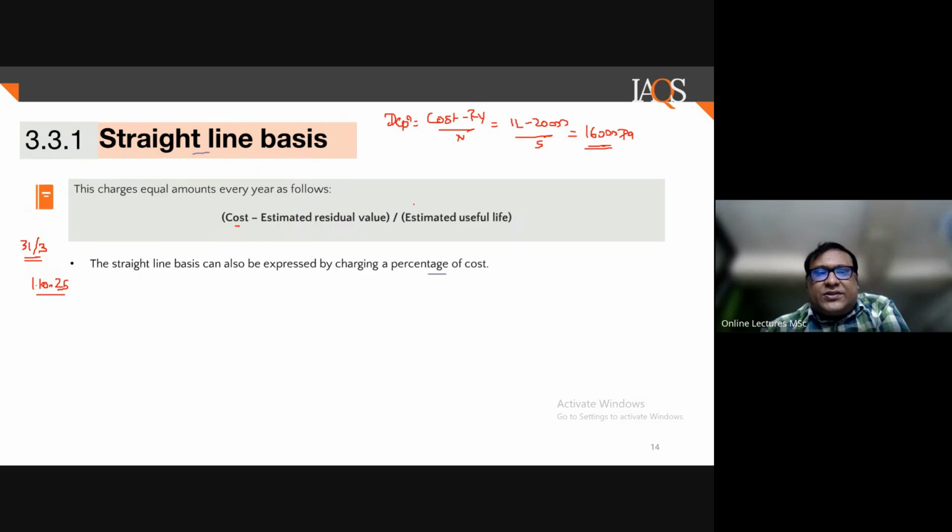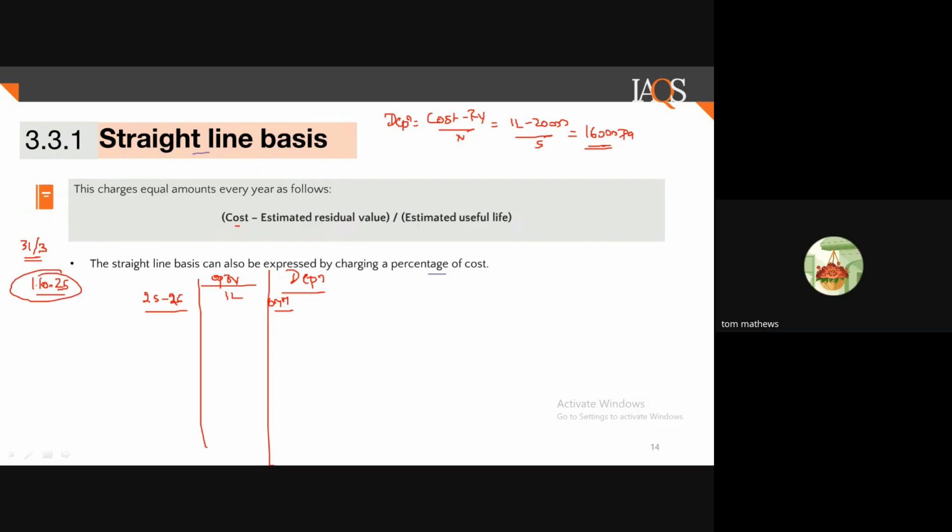Calculation never changes. But if we go for year-wise, time-wise, in the year 25-26, the opening book value, as we know, is 1 lakh. And we'll charge depreciation only for 6 months, because in this period we own the asset only for 6 months. Correct, no?